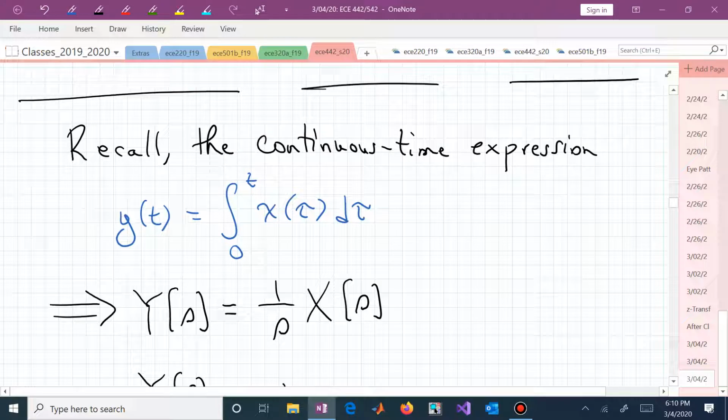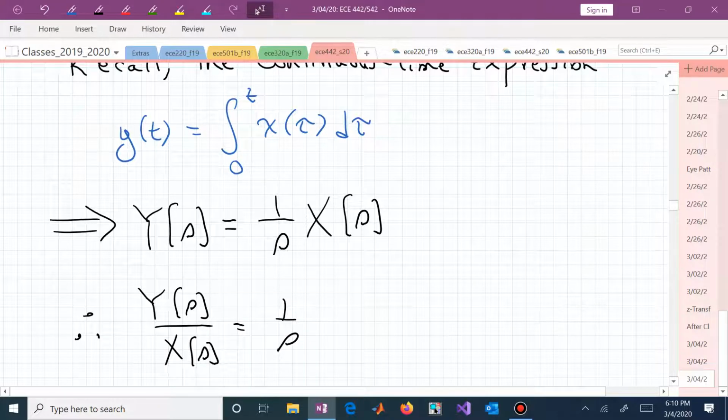Or we now can find our transfer function between the input, which is our continuous time waveform, that's x. Our output is the area underneath that waveform, y. That's just 1 over s. That's the transform expression in the frequency domain of an integration operation.